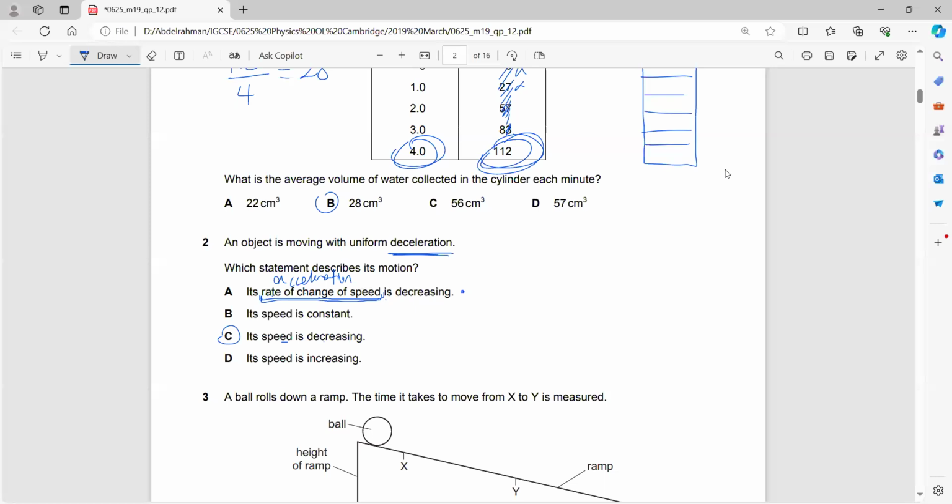So in other words, we can say that its acceleration is decreasing. And it actually said that its deceleration is uniform. So this has to be wrong. The right answer for this question would be C. The speed is decreasing.